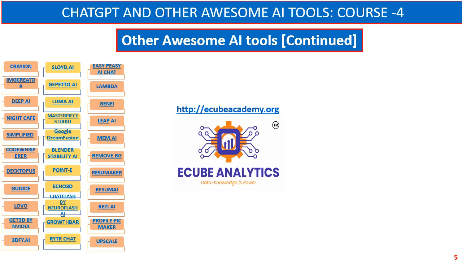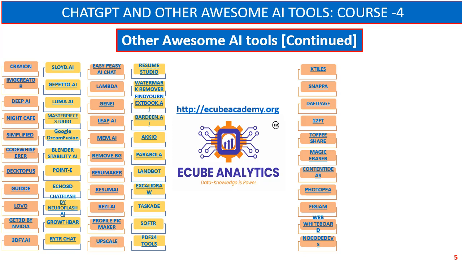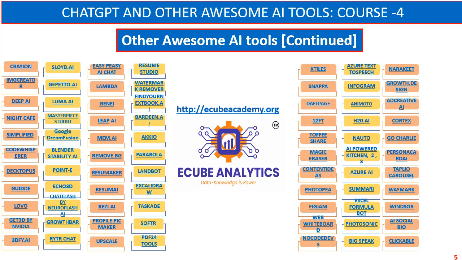Then this Cascade, Azure Text to Speech, H2O.ai, another huge contribution in the open source category. Azure AI, Excel formula bot. Excel is still very widely used.